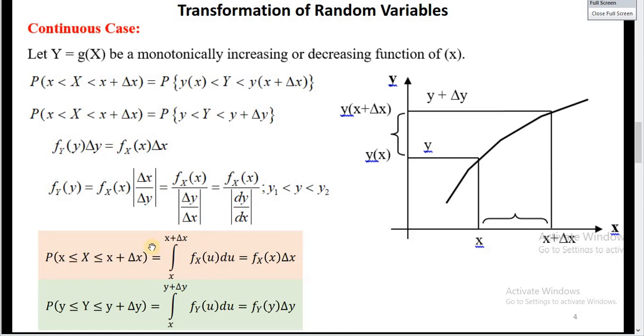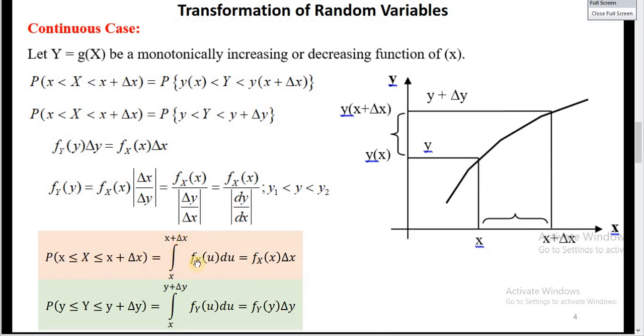However, when b becomes very close to x, in this case we have x and x plus delta x, we can approximate this integration by the area under a rectangle with height f of x and width delta x. So this is an approximation of the probability that x is between x and x plus delta x.